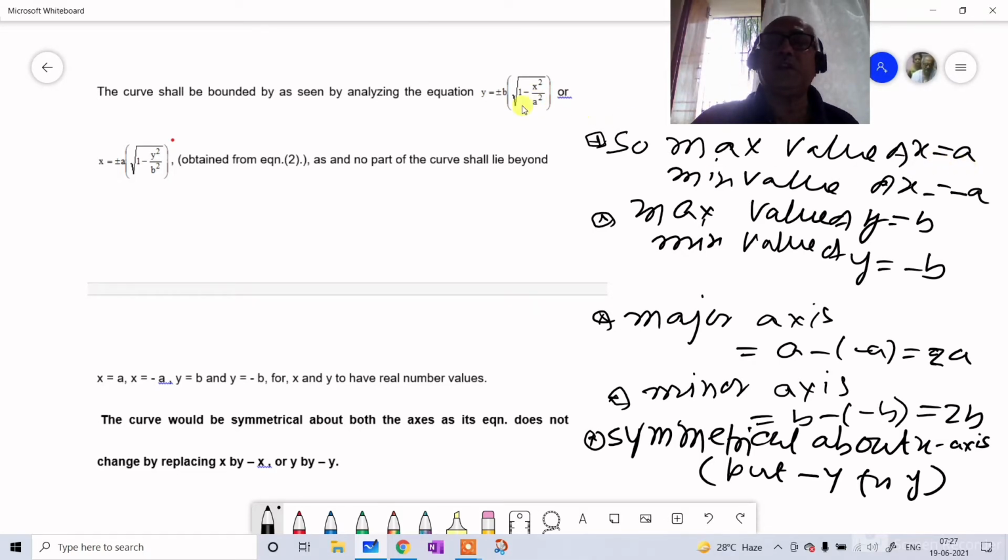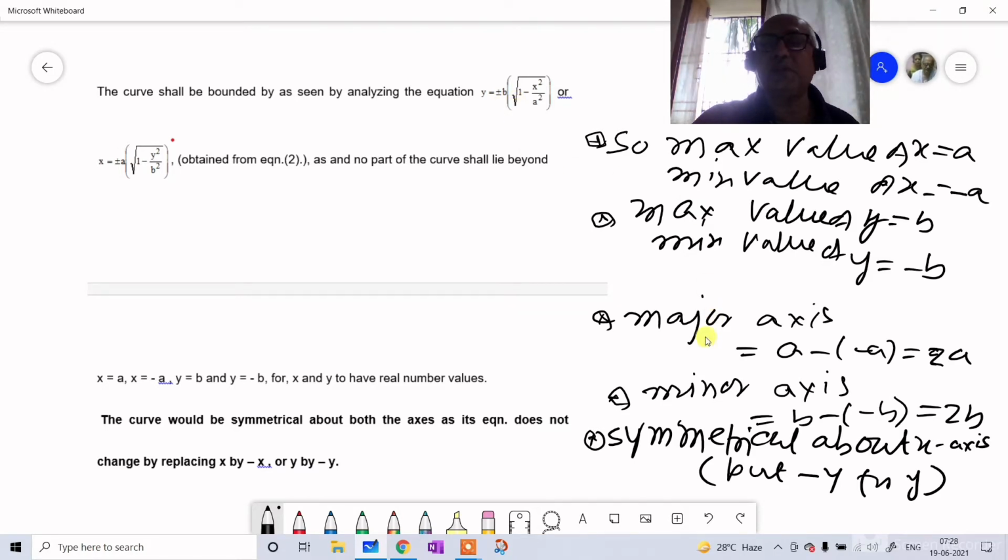Otherwise, we will encounter imaginary quantities and cannot be pictured in the real axis without an imaginary axis. Similarly, this x by a will be minimum 0, where y is equal to plus minus b.